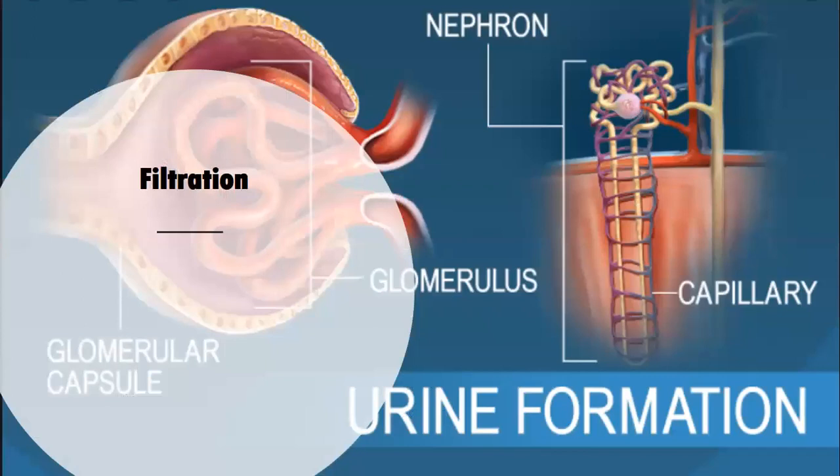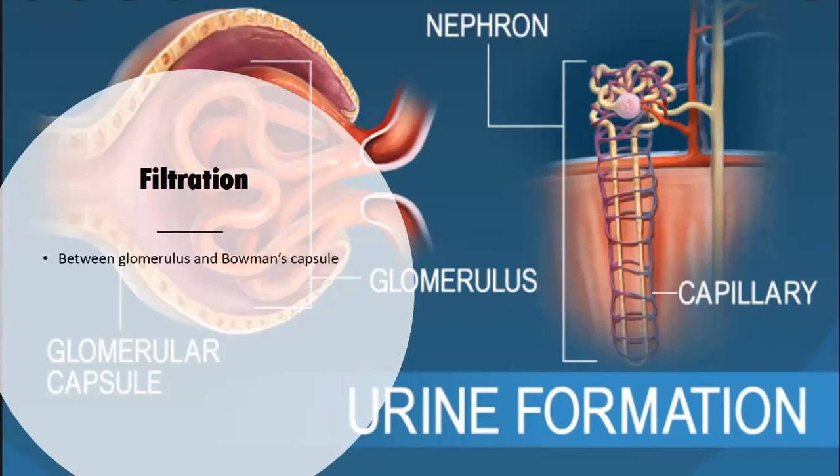Here are the nephron capillaries, the Bowman capsule, and glomerular filtration. Filtration goes through the glomerulus to the Bowman capsule, then to the convoluted tubule, the loop of Henle, and the distal convoluted tubule, then to the collecting system of the urine.